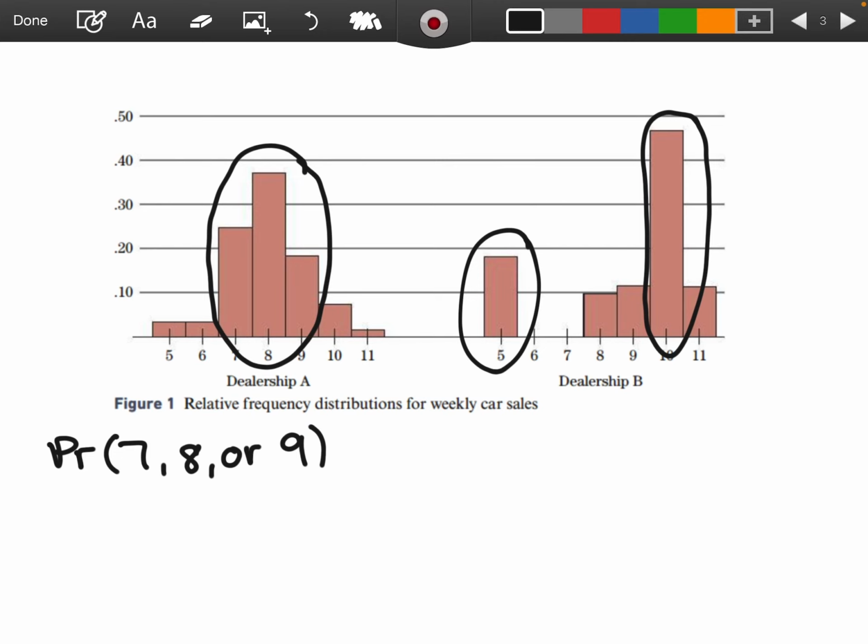If I want to figure out the probability of 7, 8, or 9, what I want you to do is add together the areas of the rectangles corresponding to those outcomes. You can see that each one of these bars in my histogram has width 1, and the height of it is the relative frequency. So if we multiply 1 by that relative frequency, because you only have a bar of width 1, it works out.